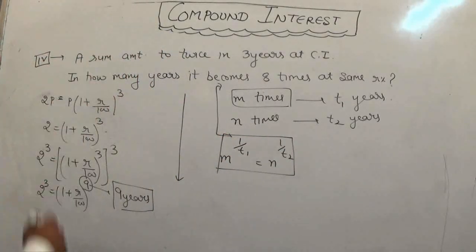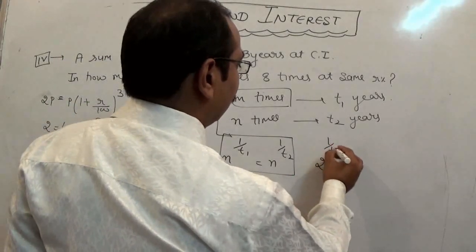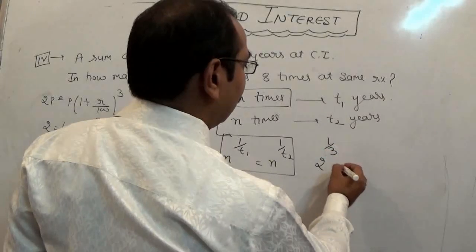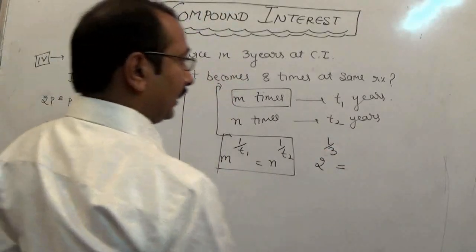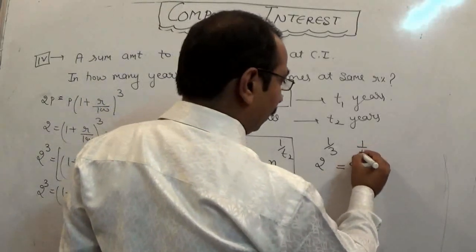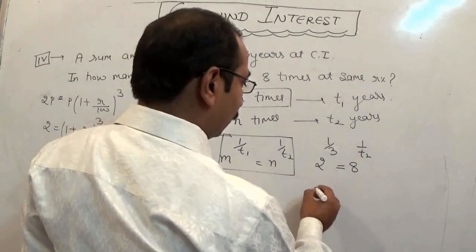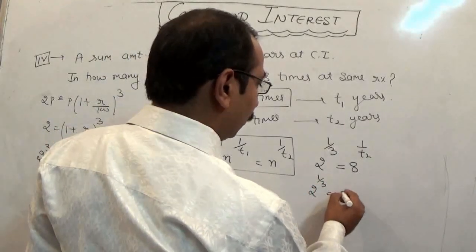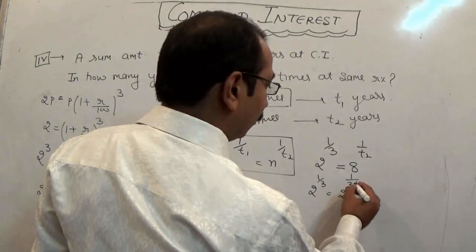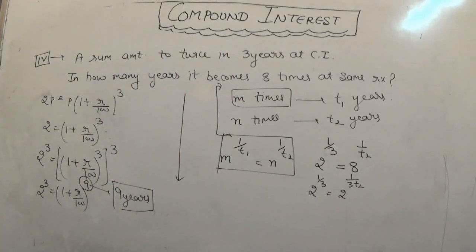For example, in this question, the value of m is 2, and t1 is 3. So I can make it 2 raised to power 1 by 3. Here the value of n is 8 and I have to find the value of t2, that is 1 upon t2. So it is 2 raised to power 1 by 3 equal to 8 raised to power 1 by t2, right?